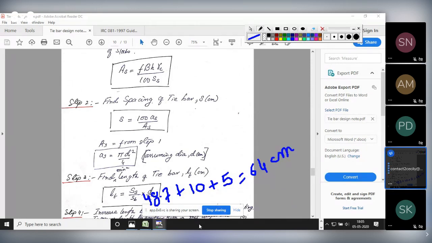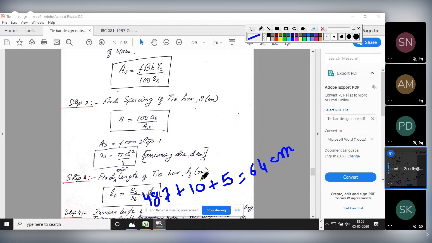So what is your design? This is our design length, but we are increasing this length for factor of safety. 10 centimeter is for loss of bond due to painting. Suppose there is some painting. There will be some loss in the bonding, a reduction in bond strength.